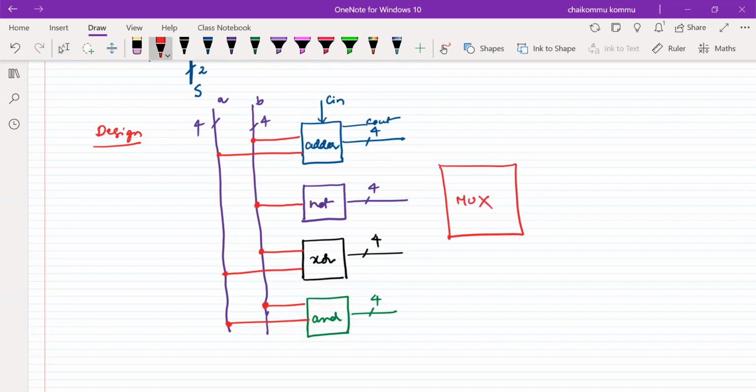The mux will take the 4-bit data of each of these blocks. It should have some selection lines to select one particular data. This is a 2-bit size, called S. Now it will produce a 4-bit output Y, right?